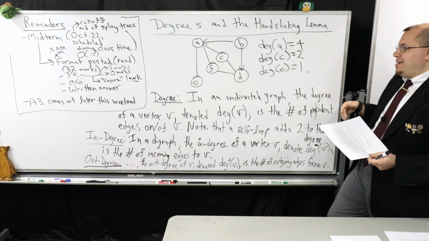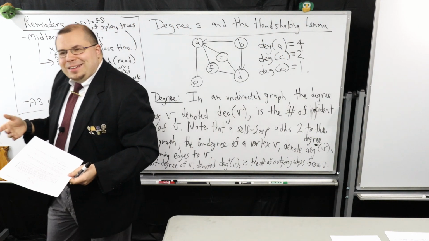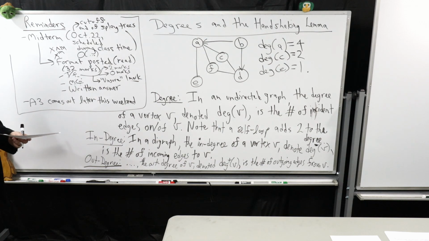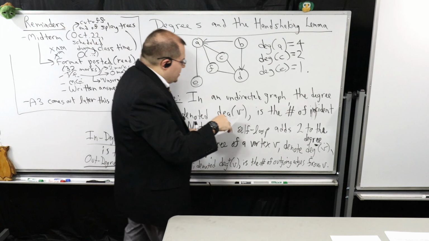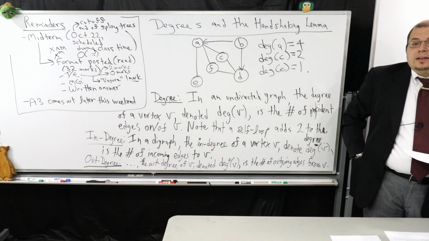Because there are no incoming arrows, the in degree is, what would it be? If the out degree is 2, the arrows pointing in towards it, that's 0, right? But I'll let you think about these bottom two here. I want to focus primarily on the definition of degree.